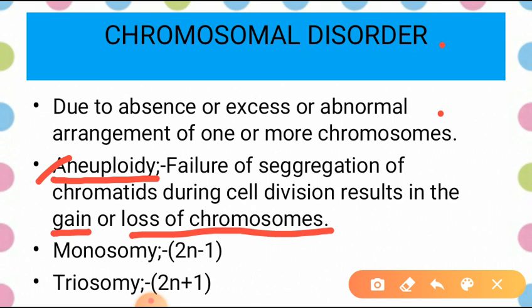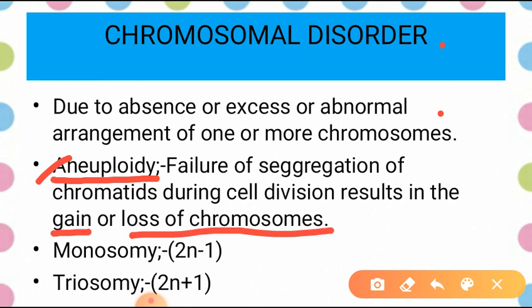During cell division you have studied the spindle fibers pull the chromatids. At that time half of the chromatids move towards one polar region, the other half towards the other polar region. During which phase? Anaphase stage. But aneuploidy is due to failure of separation of chromatids during cell division that may result either in the gain or in the loss of chromosomes.